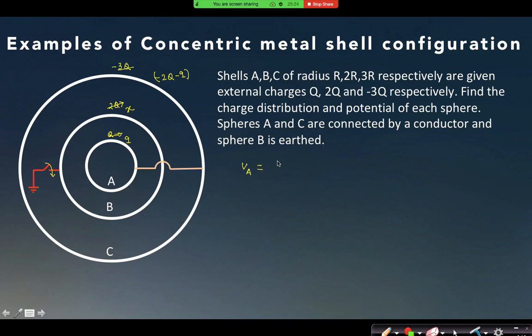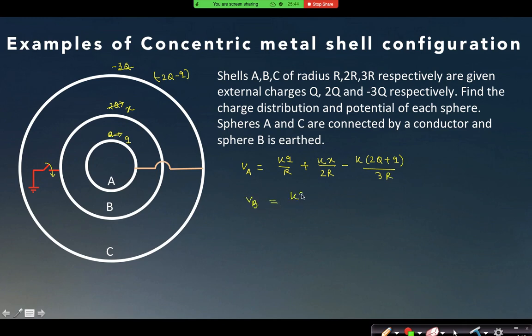This VA will be kq by R. Then due to this X charge, it will be plus k into X by 2R. And due to the shell C, it will be minus k into (2Q plus q) divided by 3R. What is VB?